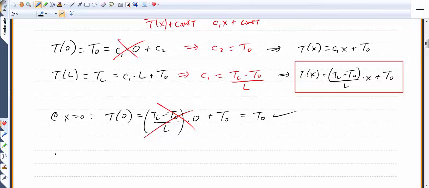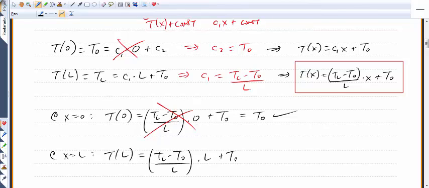At L, T evaluated at L is T L minus T0 over L times L plus T sub 0. So what this ends up being is equal to T L minus T sub 0 plus T sub 0. The T sub 0's cancel out, and we're left with T sub L, which is also correct. So everything appears to be okay with this problem.